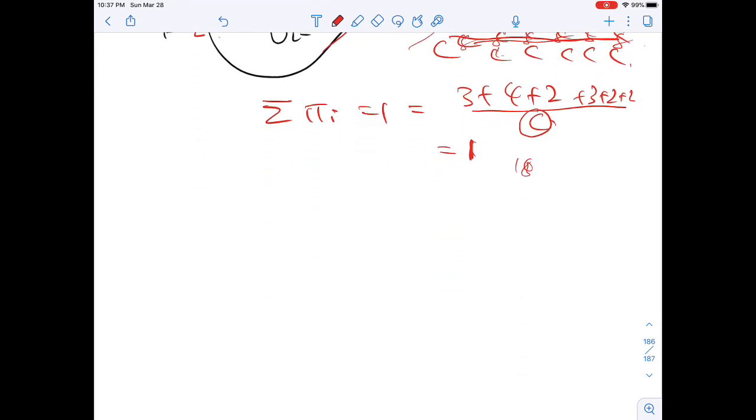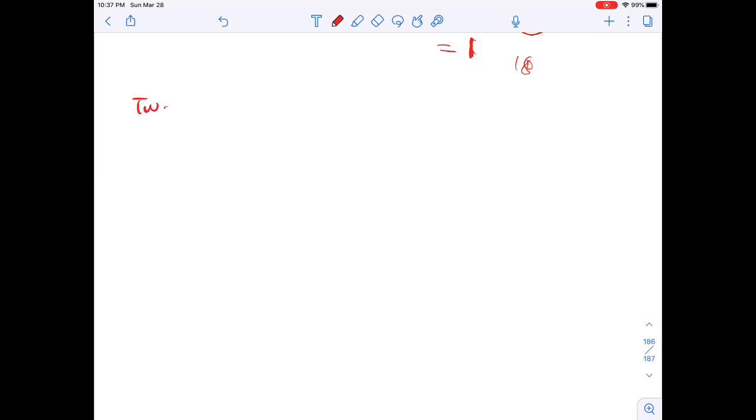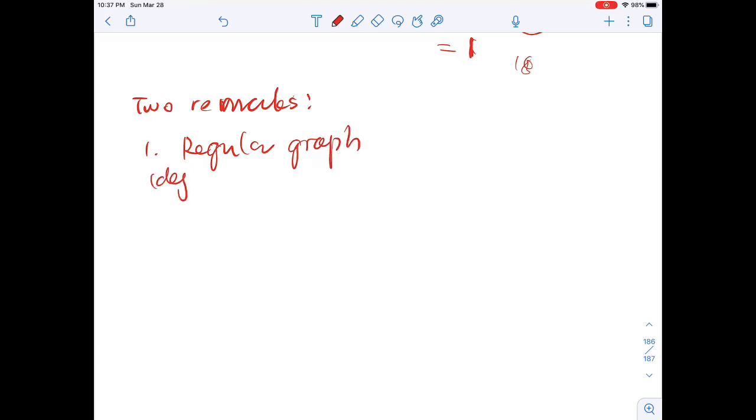So here I want to make 2 remarks. The first one is related to the regular graph. It's what people call a degree regular graph.